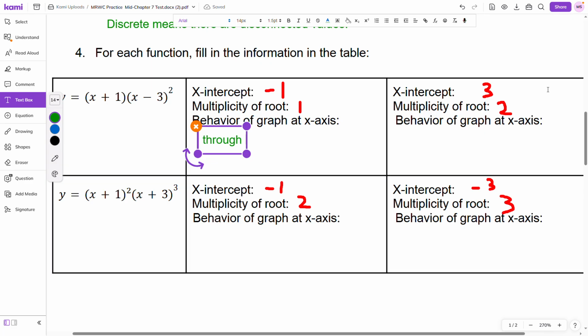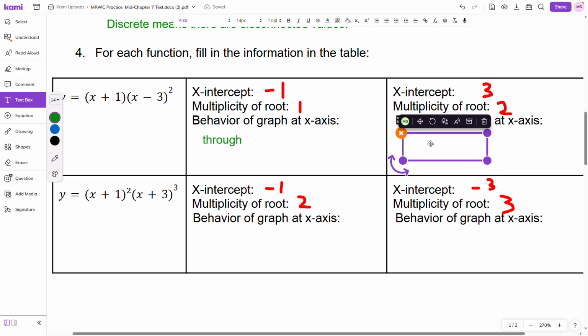I don't know if I can tell you a better way to know, but if you have multiplicity of root 1, there's no bounce, there's no hitch. It approaches the x-axis without hesitation or delay. It just does its thing. It doesn't react to the x-axis in any unusual way.